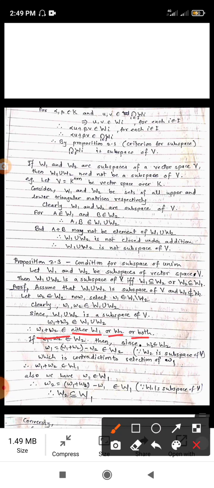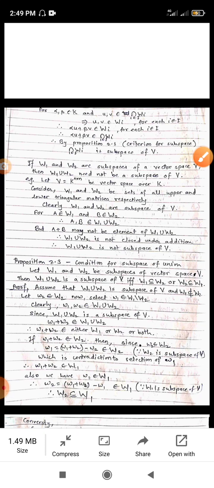First, suppose W1 plus W2 belongs to W2. Since W2 is a member of W2, W1 can be written as (W1 plus W2) minus W2, and W2 is a subspace, therefore W1 belongs to W2, which is a contradiction.